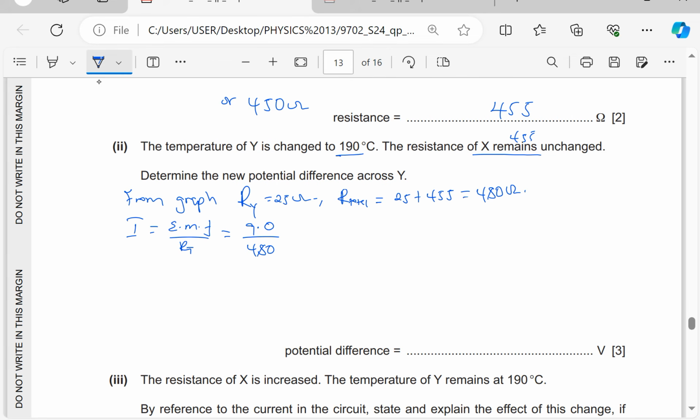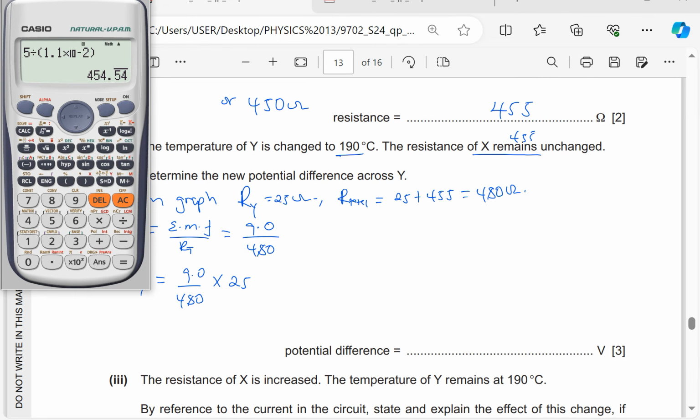I can say the PD across Y is going to be the current, which is 9.0 over 480, times the resistance of Y, which is 25.